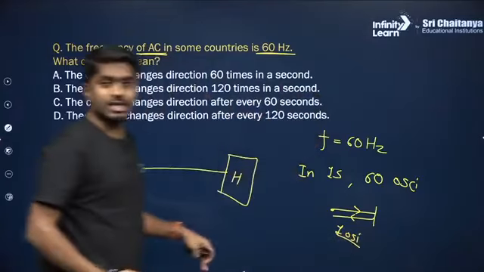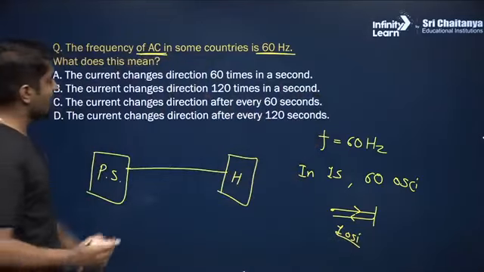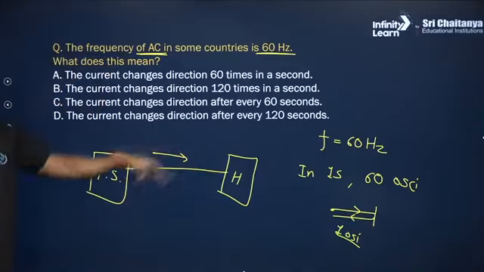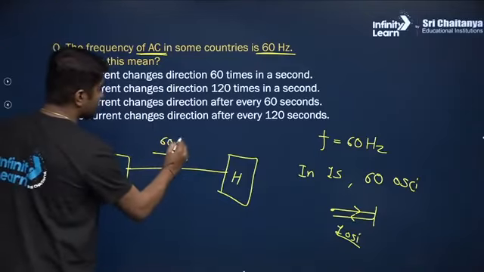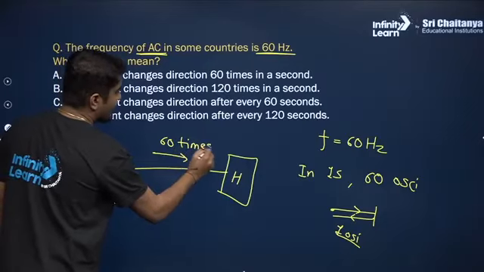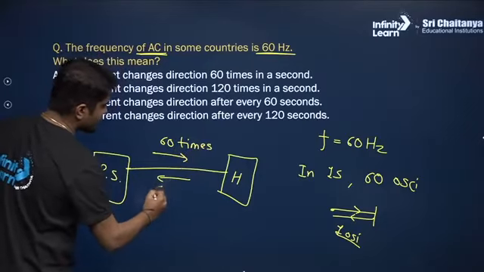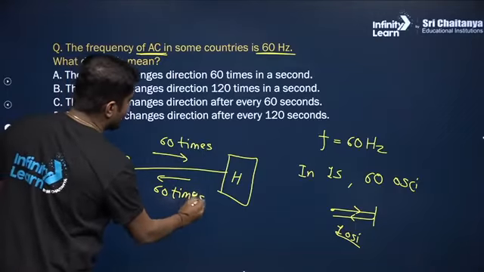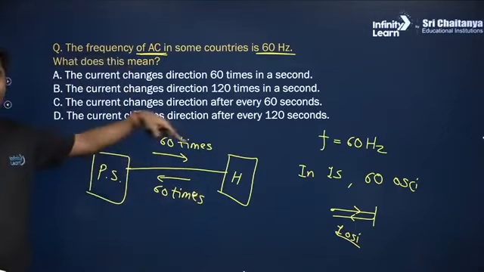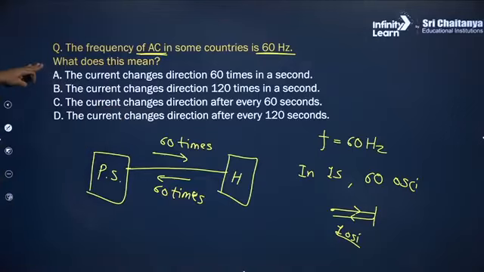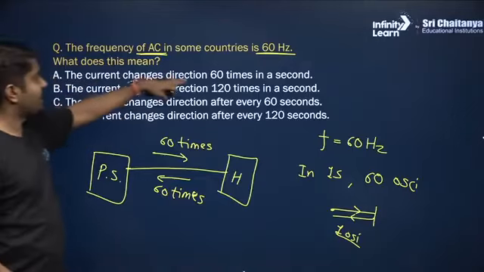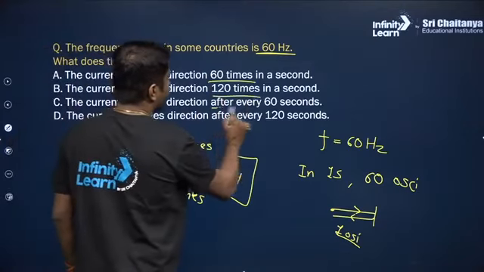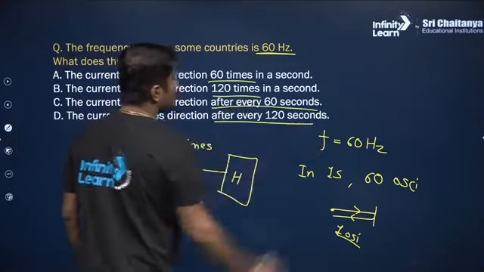Now if it is 60 hertz, the current will go from the power station to our houses 60 times, and from our house to the power station 60 times. So how many times does the current change direction? The options are: 60 times, 120 times, after every 60 seconds, after every 120 seconds.